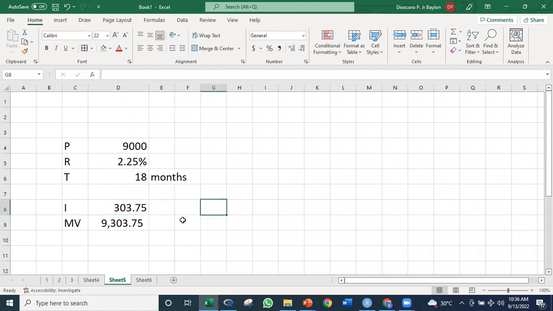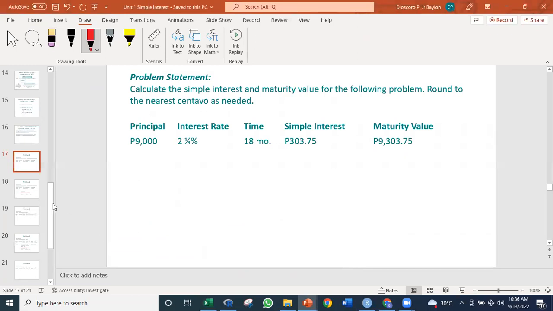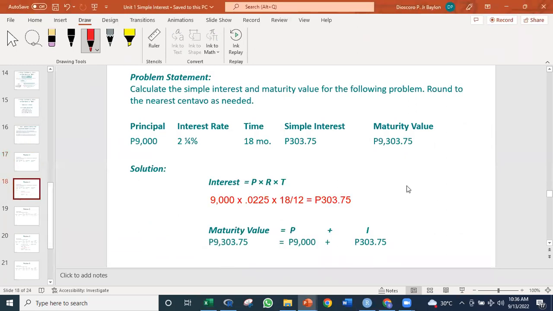So this is the interest payment, 303.75. At the end of the 18 months, the borrower will pay 9303.75. So this one, we were able to do that.